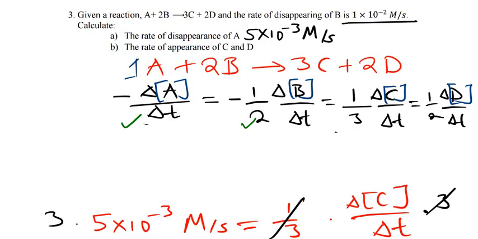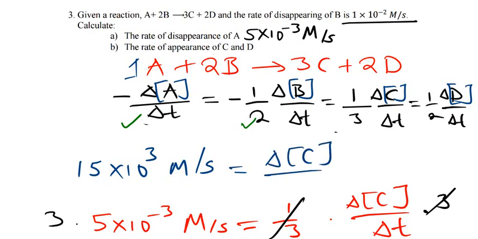Now when you multiply the two there, what are you going to get? So 3 times 5 is, oh sorry, 15. So 15 times 10 to the power negative 3 molar per second is equal to the change in concentration of C over the change in time, which is the rate of appearance.